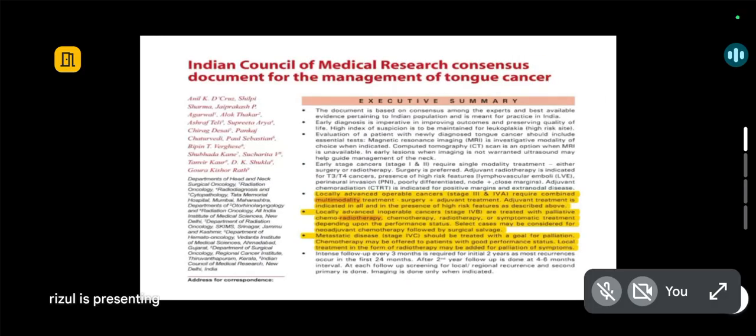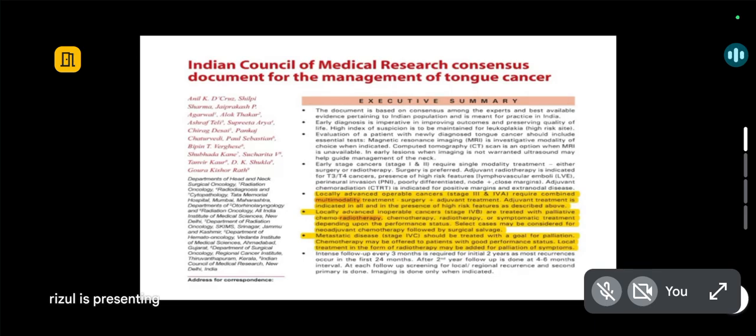So this is one set of data according to the Indian Council of Medical Research, where they have defined the disease as locally advanced operable, locally advanced inoperable, or metastatic disease. Stage 3 and 4A is locally advanced operable, requiring multimodality treatment of surgery plus adjuvant therapy.